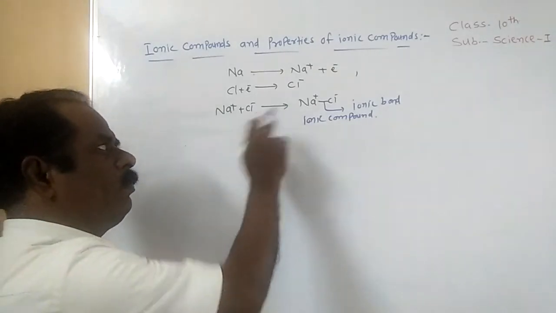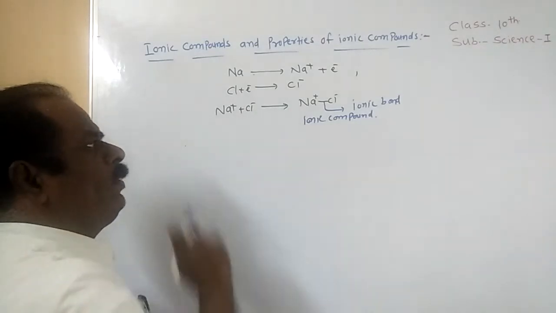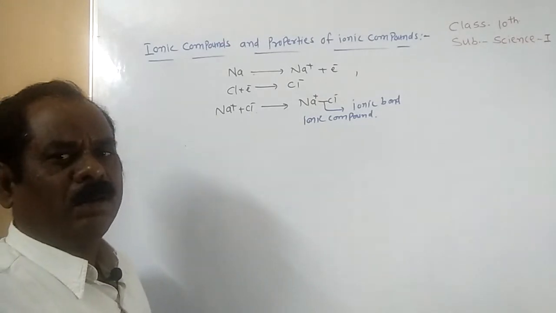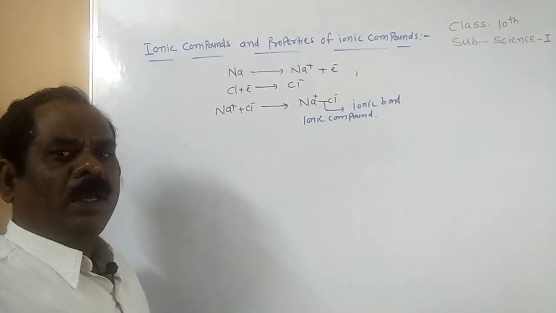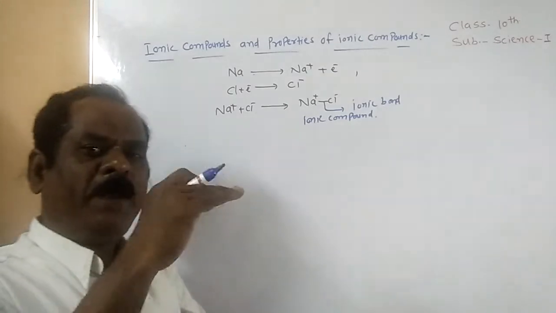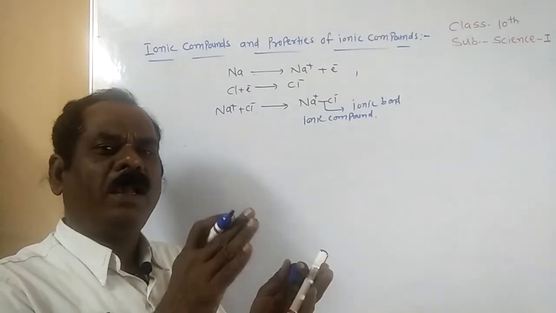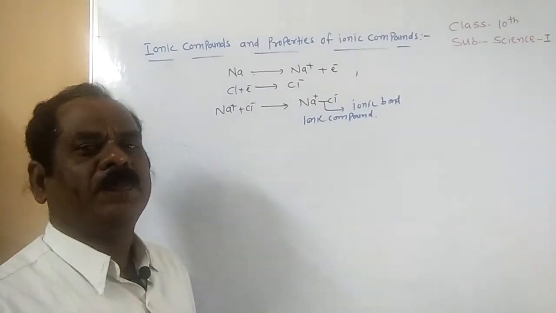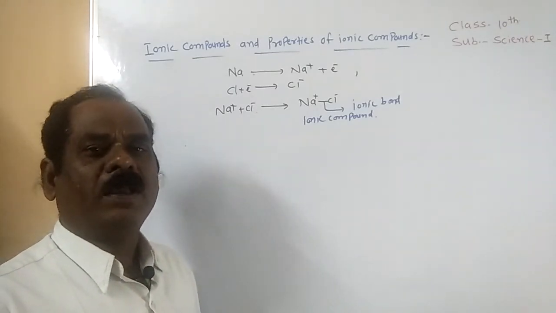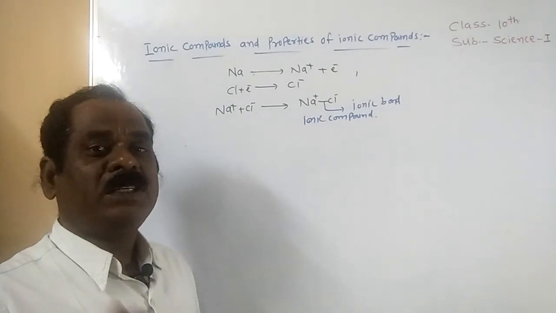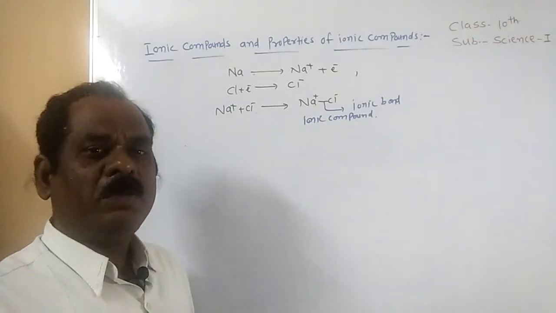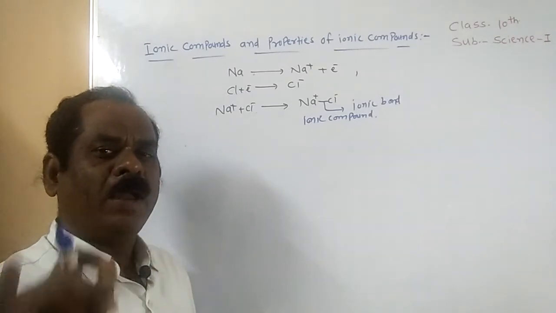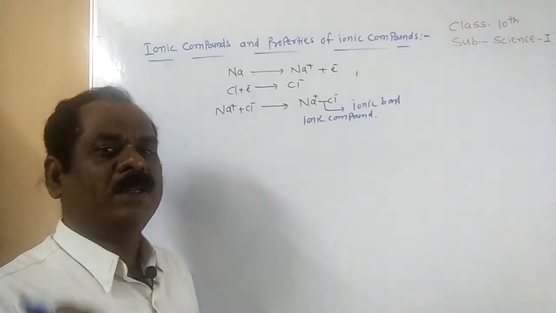Another important point to remember: in the formation of the ionic compound, the positively charged and negatively charged ions, or particles, are arranged regularly in a definite pattern to form a definite shape. Therefore, all ionic compounds occur crystalline in nature. But remember one important point: this arrangement of particles or ions is not the same in all ionic compounds.